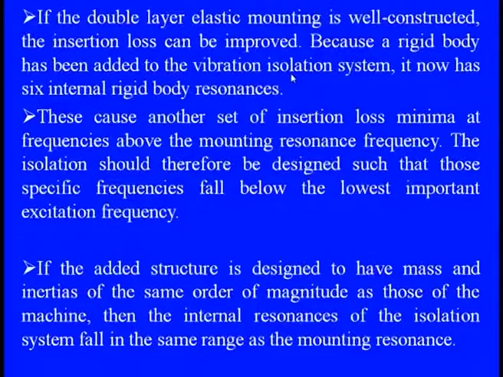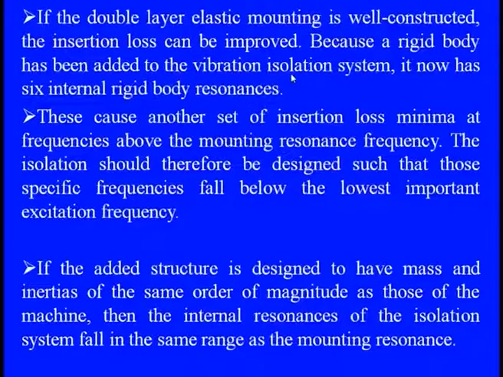That is why we can say that double elastic mountings are absolutely required in the passenger bogies. The double elastic mounting always gives a lesser amount of insertion loss, and because of that, even a rigid body which is added to the vibration isolation system can be improved with its own resonance frequencies.